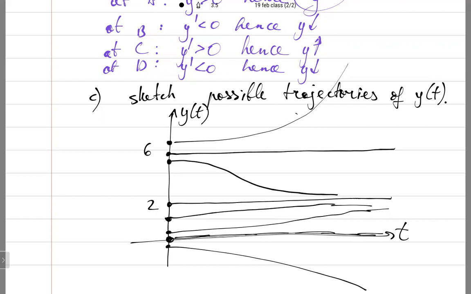I have drawn 1, 2, 3, 4, 5, 6, 7, 8 possible trajectories. Okay, so qualitatively, without solving the equation, I can draw a phase diagram. Sometimes I can sketch possible trajectories.